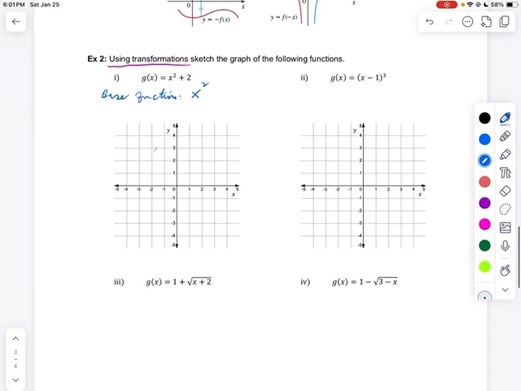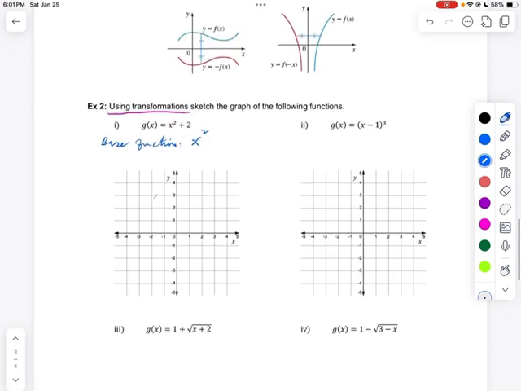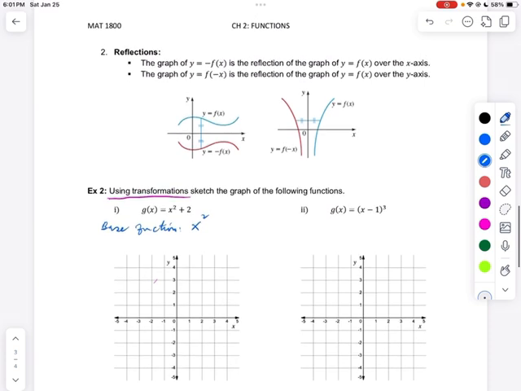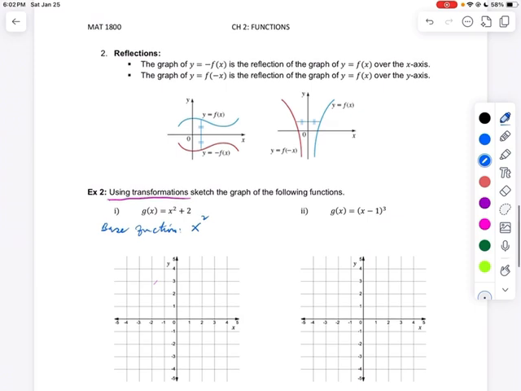And this is saying x squared plus 2. So what did we just see? That if you are adding something to the function value, then it moves the graph of the function so many units up. So we are adding 2, so it means we have to move the graph of x squared 2 units up.